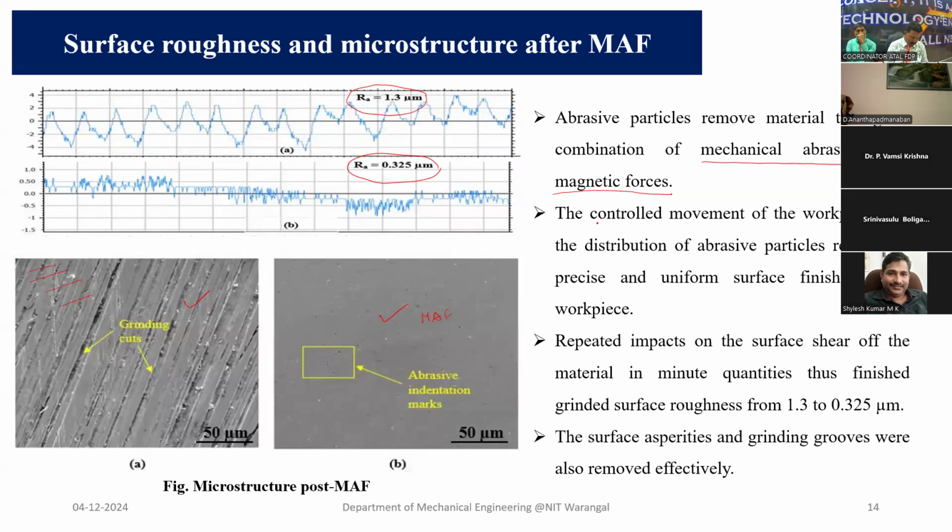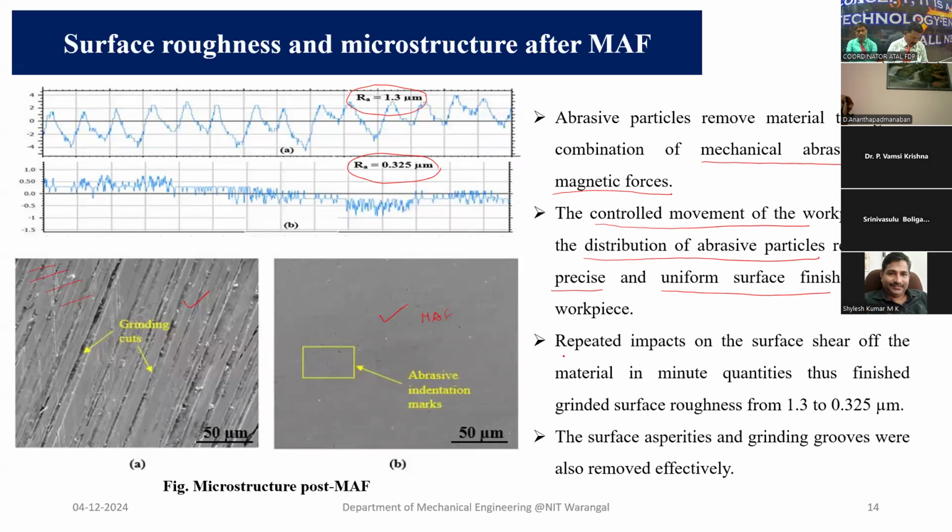And then here the controlled movement of the workpiece and distribution of the abrasive particles results in a very precise and uniform surface finish, because here the material removal rate is very less, right? But the finish is very good. The dimensional accuracy is good and the finish is also good.